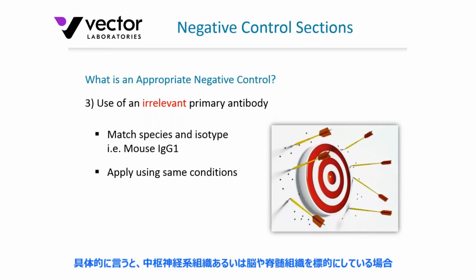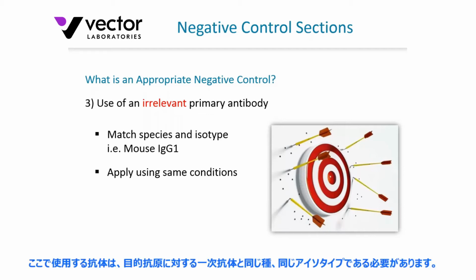Let's just say you're working on CNS tissue, brain or spinal cord tissue. You're pretty sure that stratified keratinized epithelium is not going to be present in that tissue. Therefore, use an antibody against an antigen, a cytokeratin, that might be only present in stratified keratinized epithelium on that brain tissue.